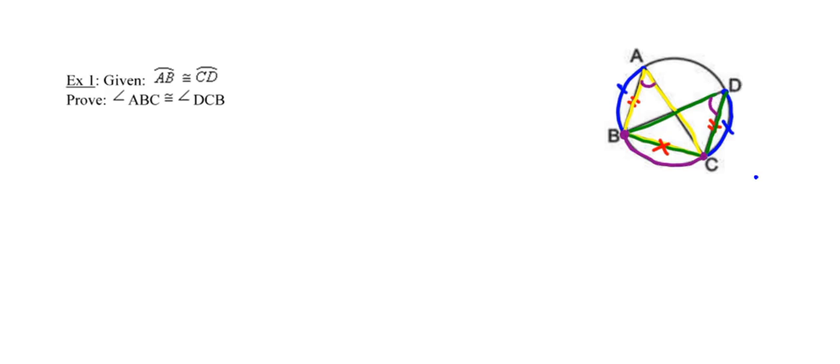So at this point, I'm looking at this and I'm seeing side-side-angle, which remember is not a method that you can use to prove triangles congruent, so I need to go ahead and keep looking. I do happen to notice that the inscribed angle for this blue arc over here, arc AB, is angle 1, and the inscribed angle for arc CD is over here, angle 2, and since those blue arcs are congruent, I know too that their inscribed angles must be congruent as well.